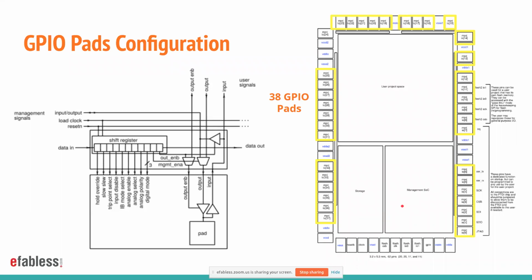Every pad is multiplexed between the two, and there is a control signal that controls whether this pad is under the control of the user project area or under the control of the management area. The user project space has complete authority over enabling or disabling this control signal. So the user project can leverage the pad if it needs to, or it can leave it under the management area control.